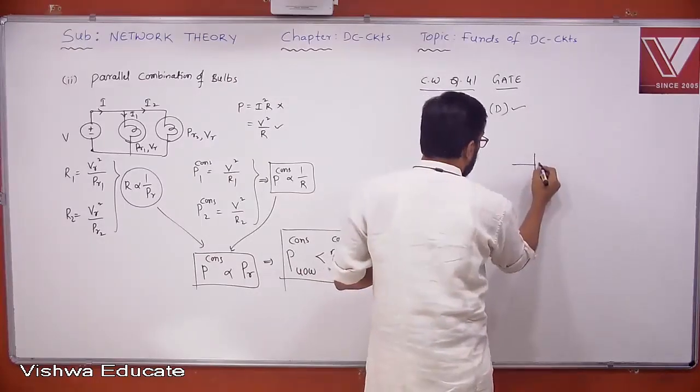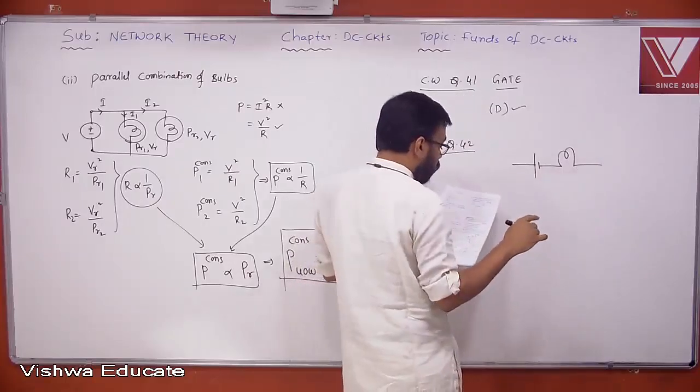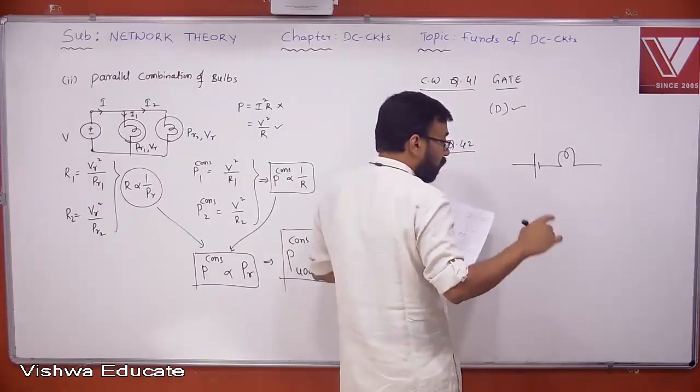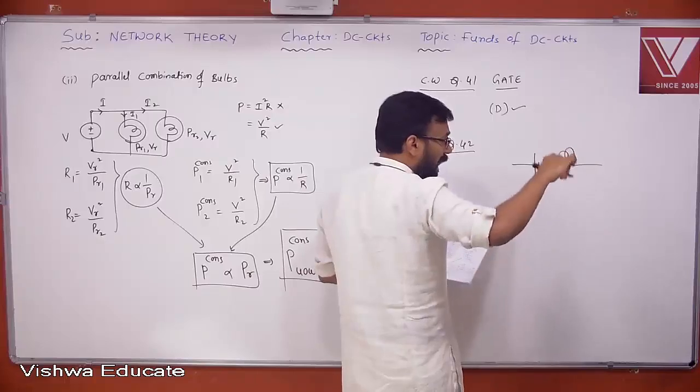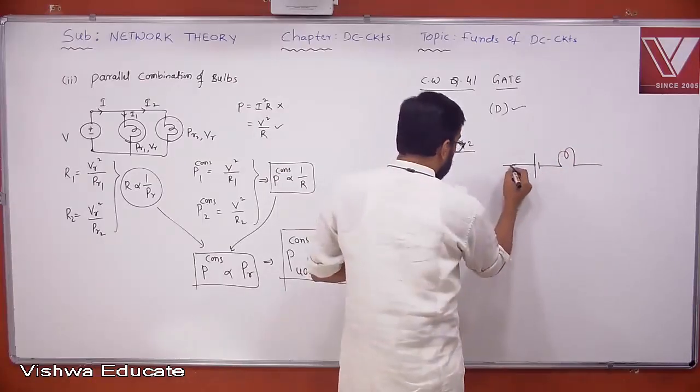I think all of you understand that question. Initially, the switch was open. When the switch is closed, what happens to the lamp's intensity as compared to when the switch is open? Let us look at that.